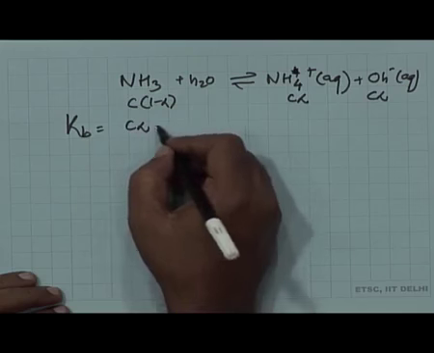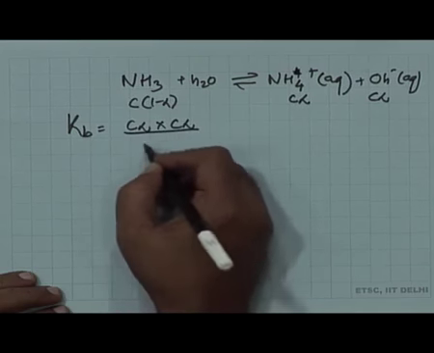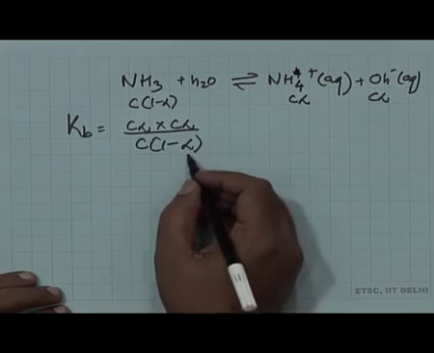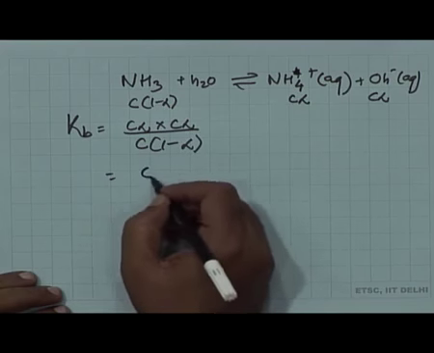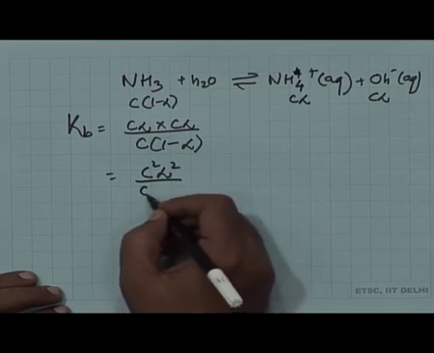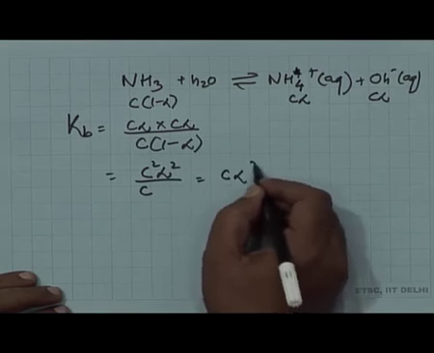So, C alpha into C alpha divided by C into 1 minus alpha, and again since it is a weak base, we can simply write C square alpha square by C, or C alpha square.